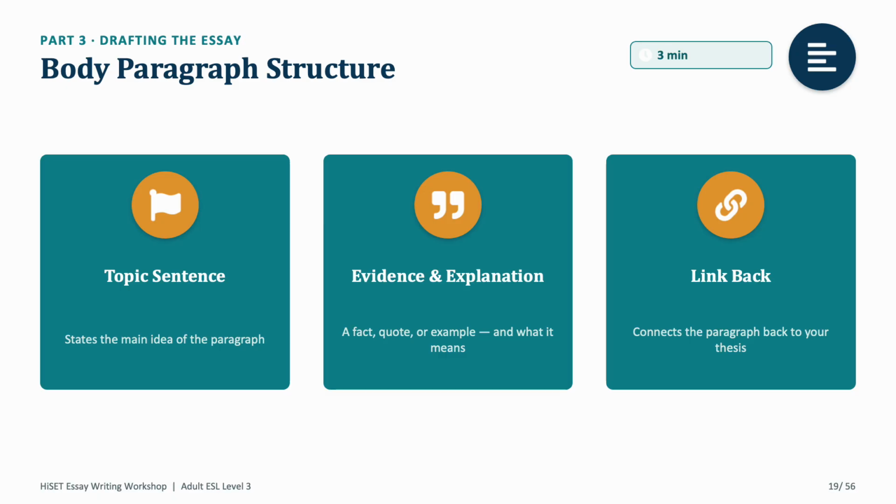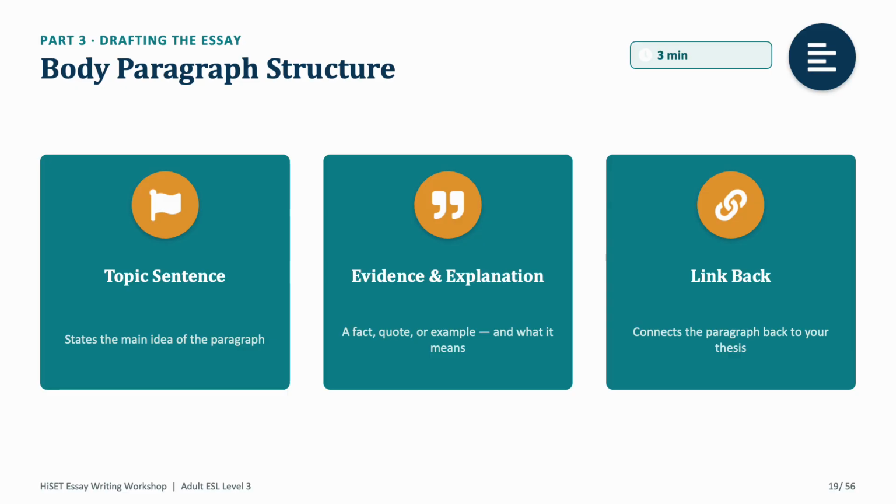Now let's look at the body paragraph structure. Most body paragraphs start with the topic sentence. That's what the main idea of the paragraph is. Then, to support that topic sentence, you need evidence. It could be a fact. You could have a quotation that supports an example or information from a passage.